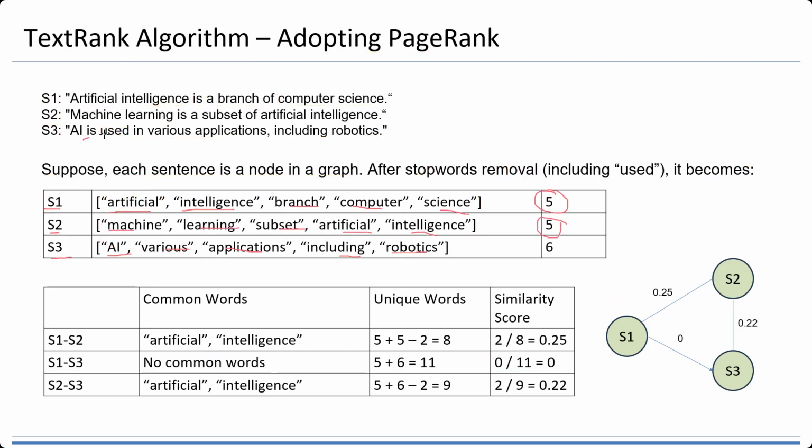AI, various applications including robotics. So why did I put 6? I think I put 6 with "use".